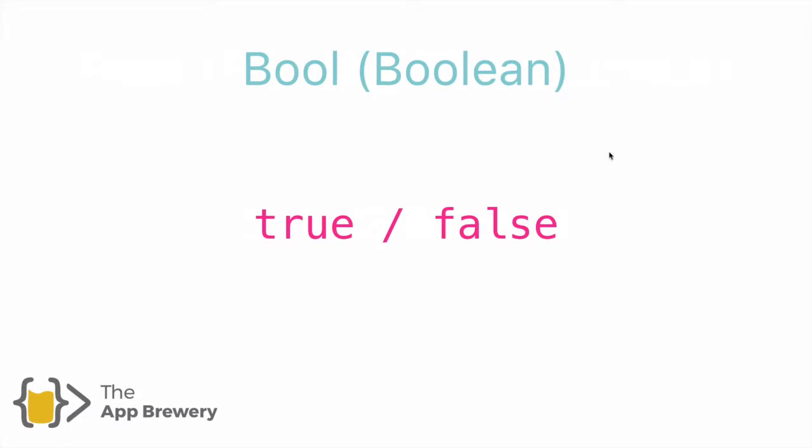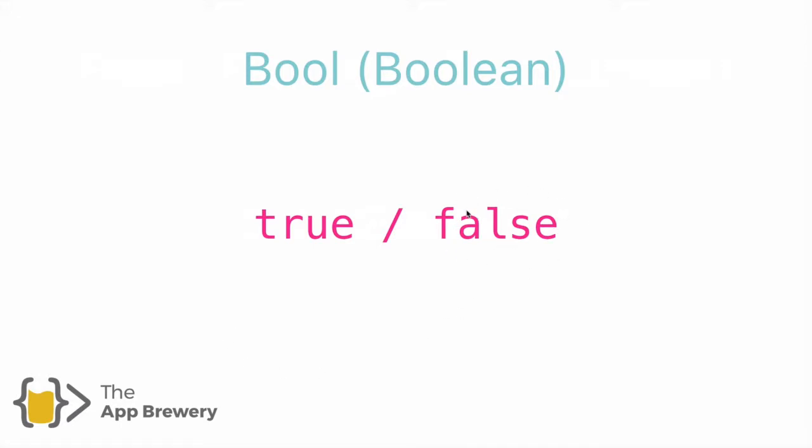Now, the final primitive or basic data type that all programming languages use is something called a bool, which is short for a boolean. And a boolean only has 2 possible values, true or false. That's it. Because often in programming, you'll need to check if something is true, in which case you should perform some sort of action.